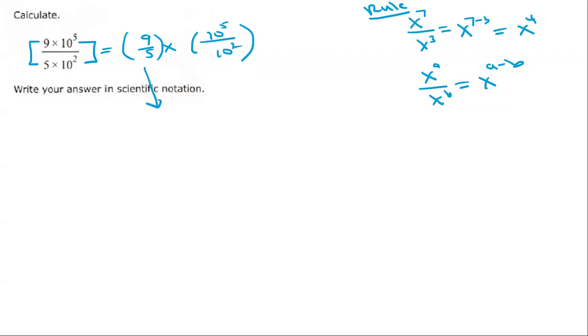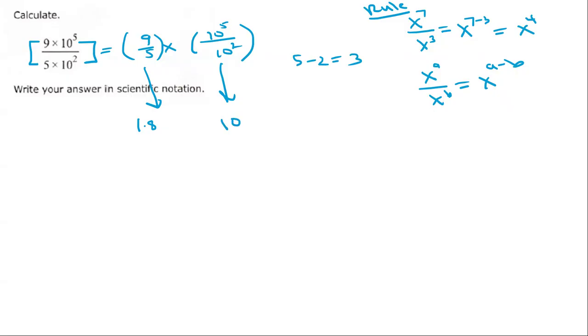So here we have 9 divided by 5. If we put that in the calculator, we're going to get 1.8. Okay, 9 divided by 5 is 1.8. Now for this one, again, we're dividing. So when we divide, we subtract. So we subtract the powers. So that'll be 5 minus 2, which gives me 3.